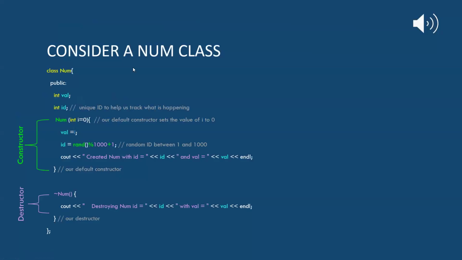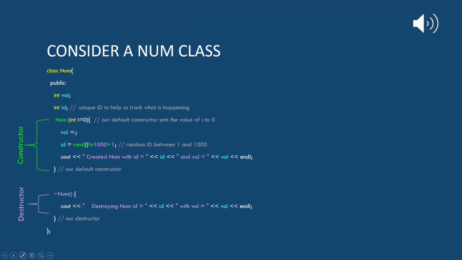So let's consider a number class, right? You might think this is pretty straightforward, but you'd be surprised at how easy it is to get disoriented. We've got an instance of a number class, and its whole purpose in life is simply to keep track of a number, but we're going to give every instance a unique ID.